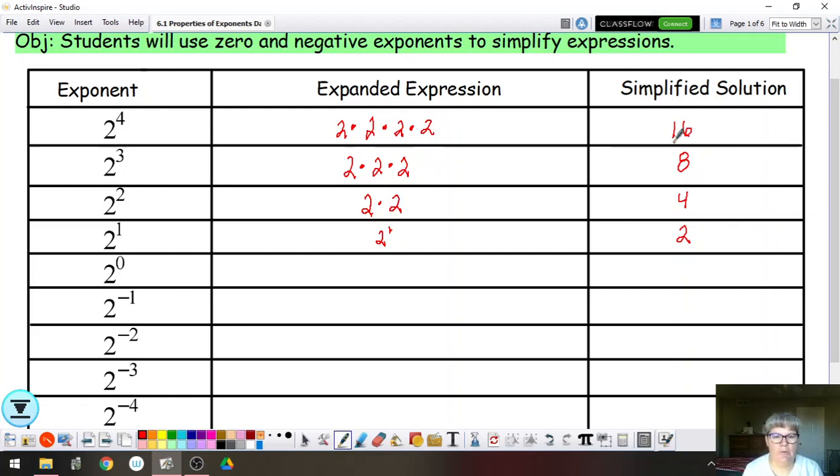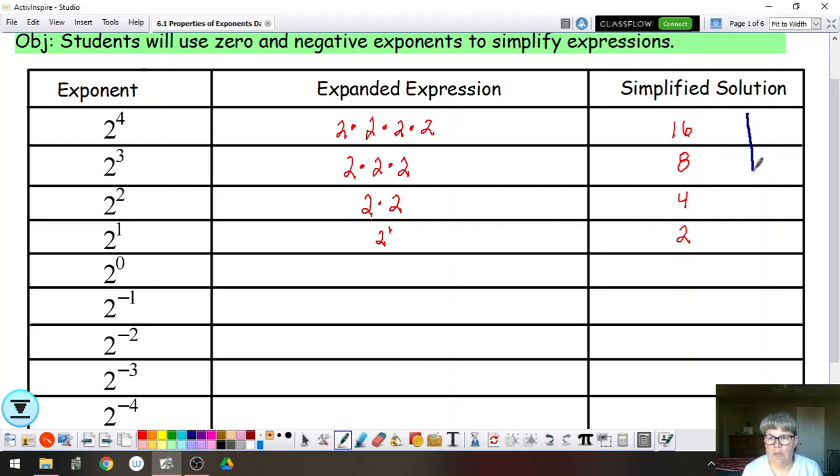So let's think about this going backwards so that we can see what 2 to the 0 power is. If I'm going backwards, to go from 16 to 8, I would divide by 2. If I go from 8 to 4, I'm dividing by 2. If I go from 4 to 2, I'm dividing by 2. But another way we can think of that is that we are actually multiplying by 1/2.